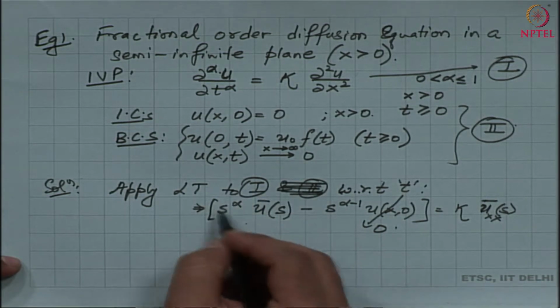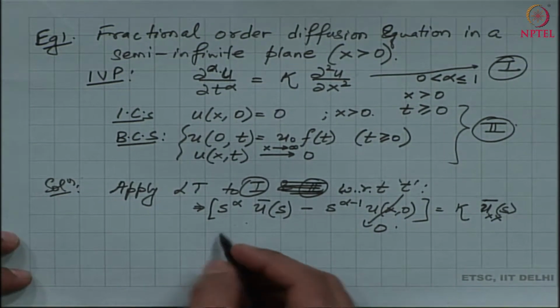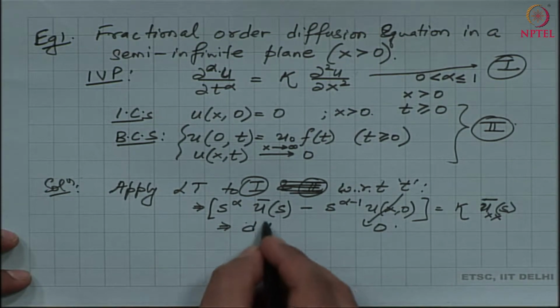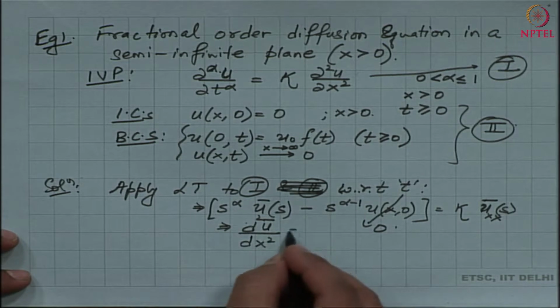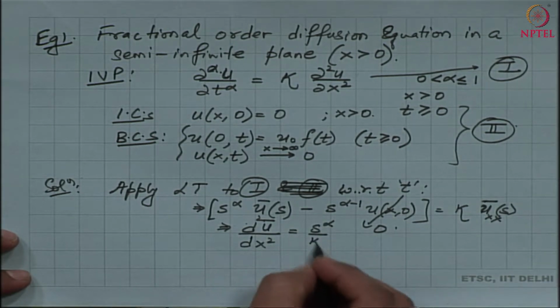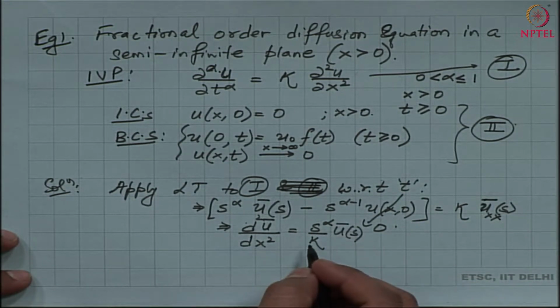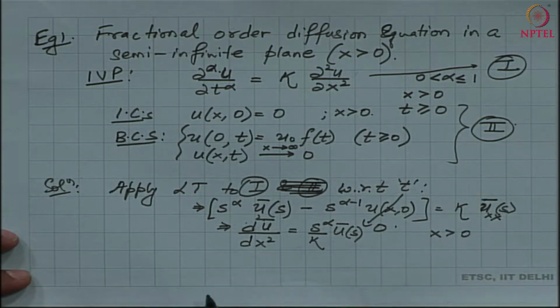First, to my equation 1, the Laplace transform reduces to the following ODE: the second derivative of u bar with respect to space is equal to s to the power alpha by kappa times u bar of s. This is for all x positive.